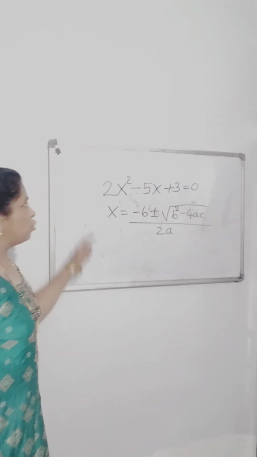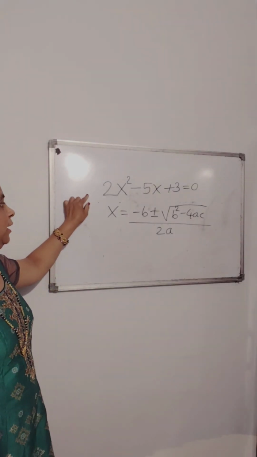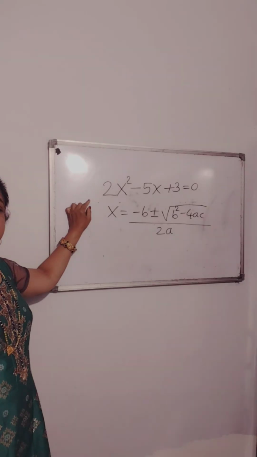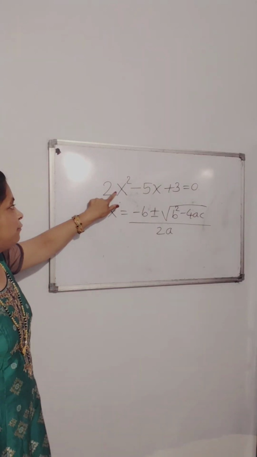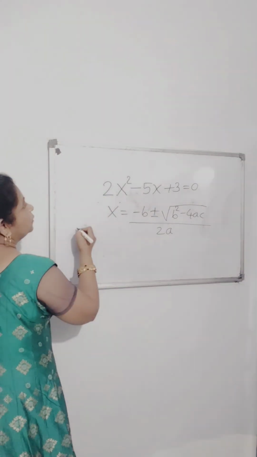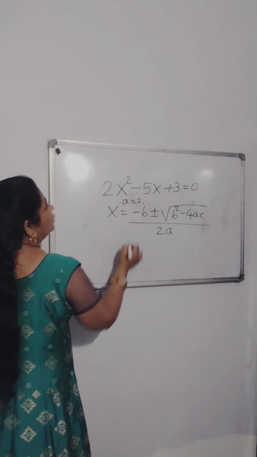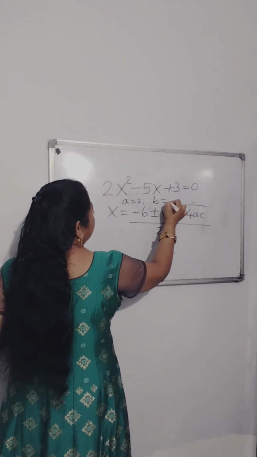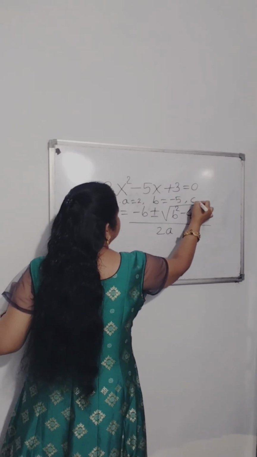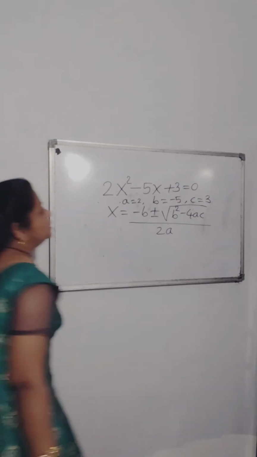Now we compare this quadratic equation with the general form of the quadratic equation, ax square plus bx plus c is equal to 0. So a is equal to 2, b is equal to minus 5, and c is equal to 3 in this equation.